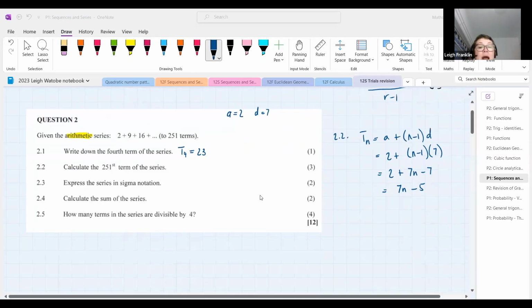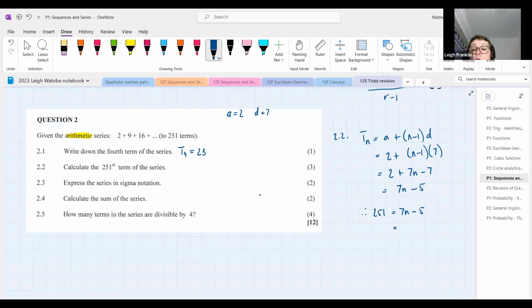All right, and now to calculate the 251st term of the series, we're going to take 251 and make it equal to 7n minus 5. So that means that 7n would be equal to 256, and if we divide that by 7, ooh, I must have made a mistake. That's not working.